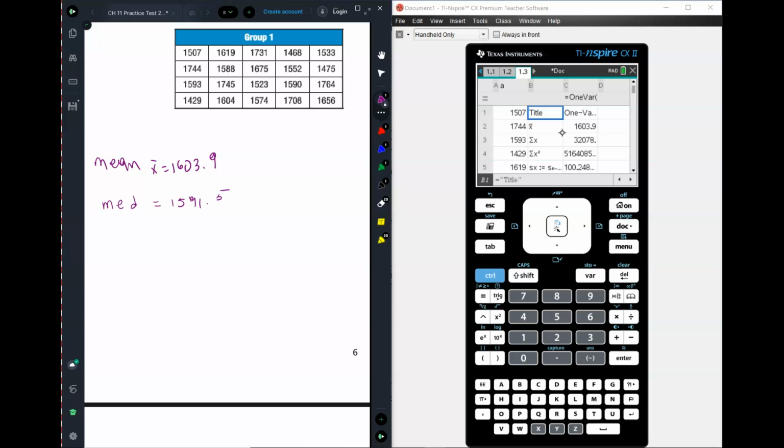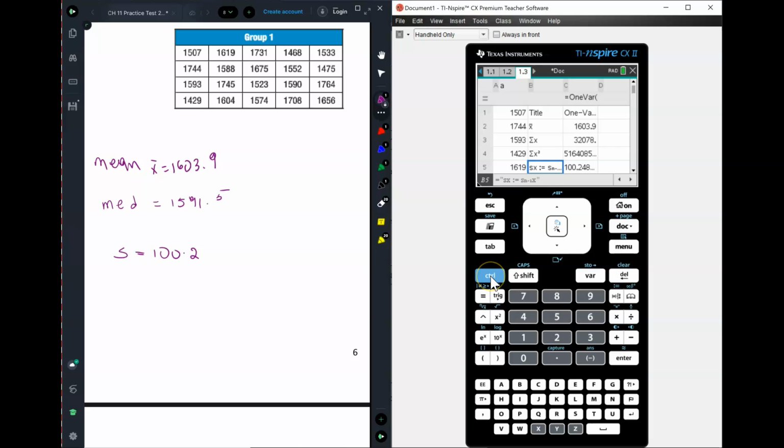What's the standard deviation? S, 100.2. Okay? Those are the things we're going to take. Sorry for the messy writing. Where's the standard deviation? It's S right here, like Sx. Okay, it's S.